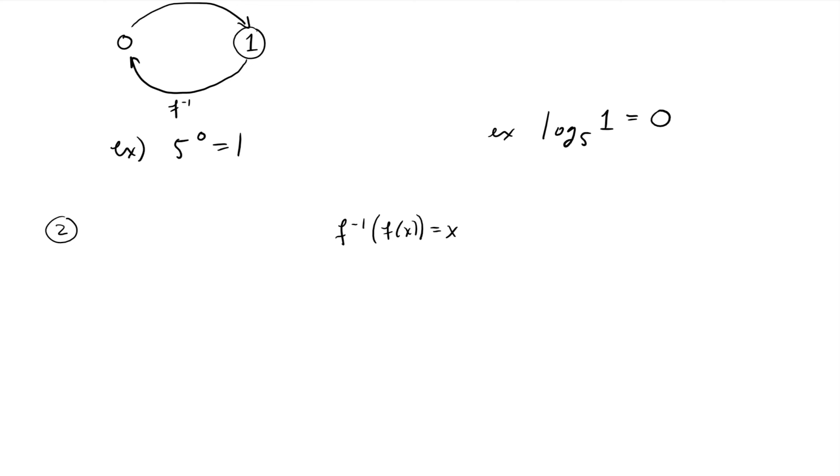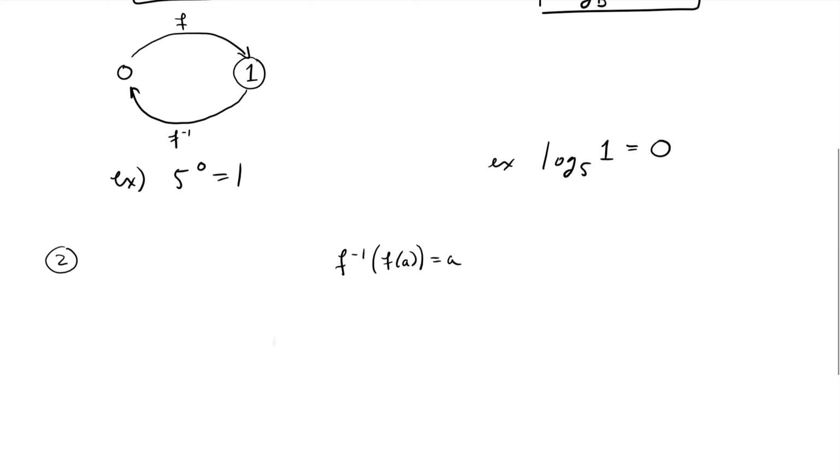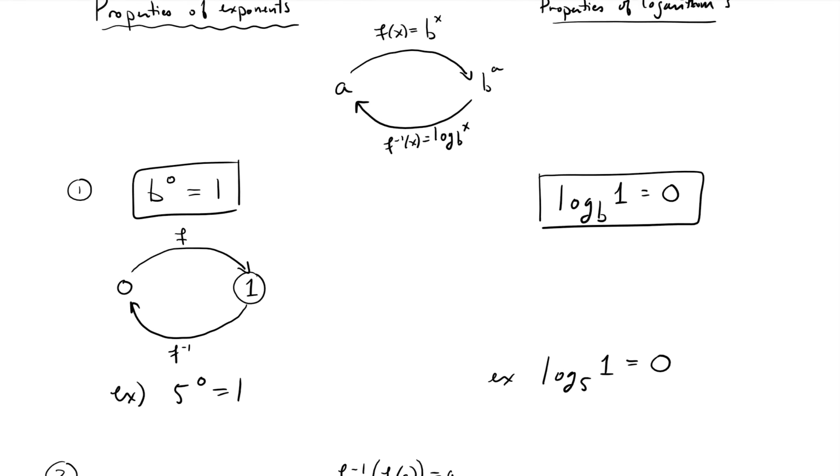One undoes what the other does. I can replace x by a if you prefer, which is sort of what I have on my diagram. If I do f first, I get b to the a, and if I do f inverse, I come back to a.